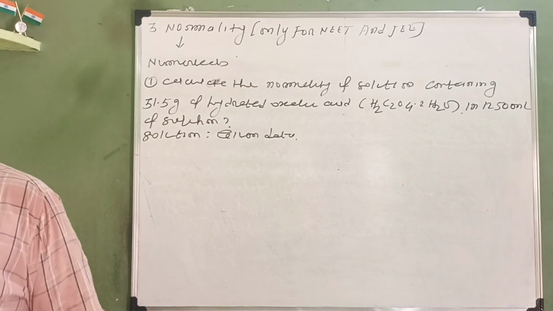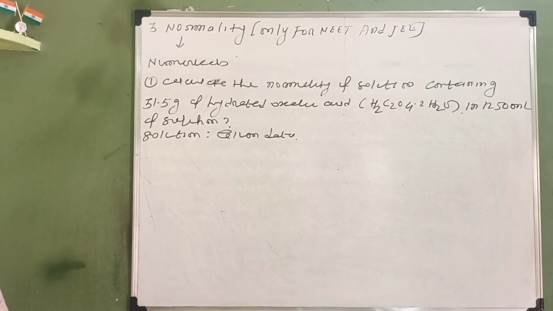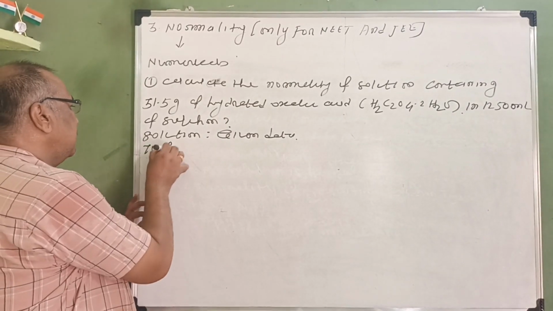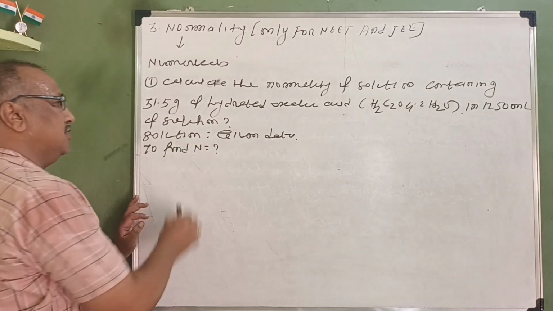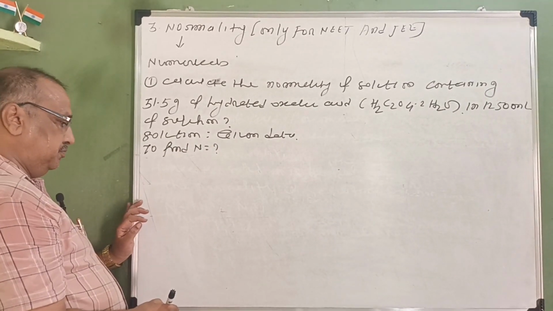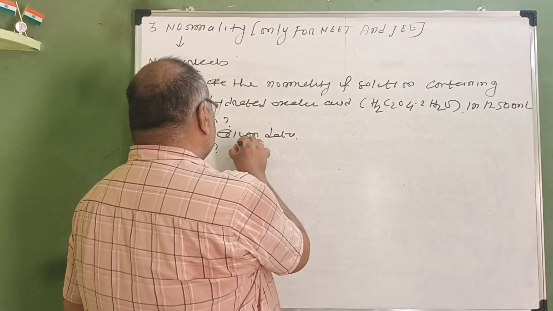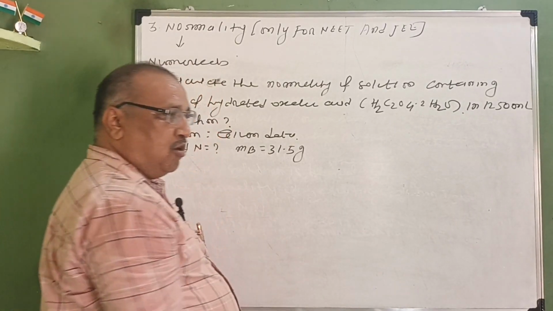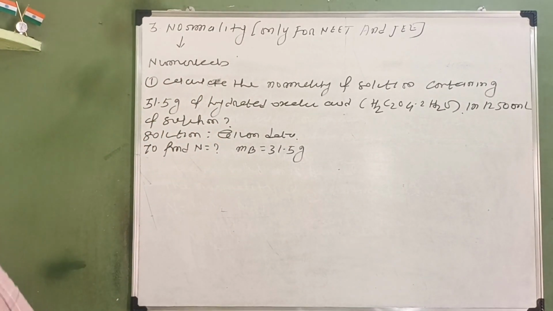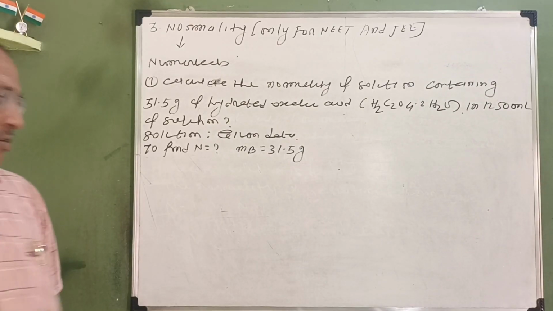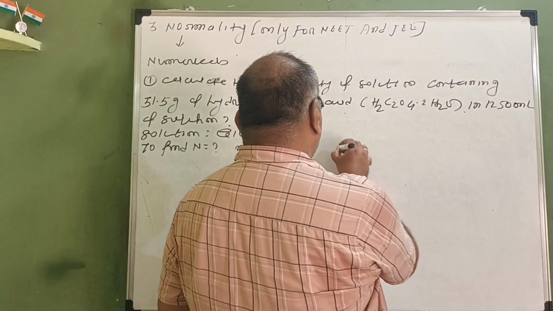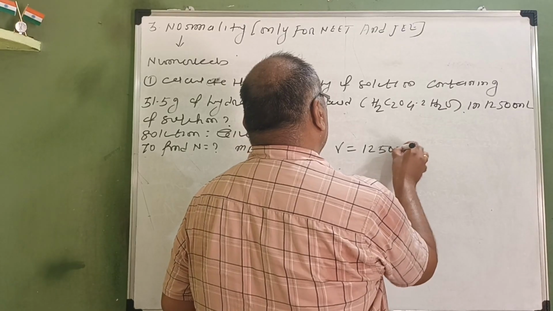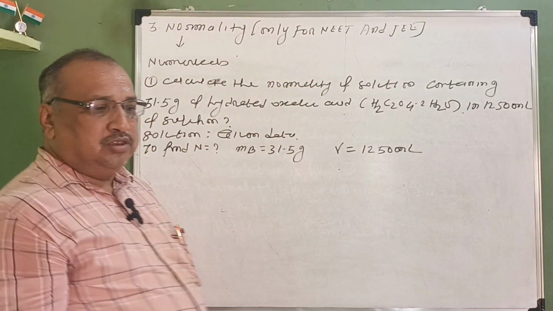Now here first, to find N equal to question mark. Mass of solute is given, that is MB equal to 31.5 gram, and volume is also given, which is in ml, V equal to 1250 ml.